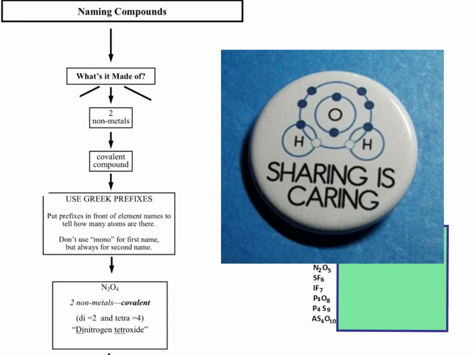Covalent compounds are a little bit different. Remember that covalent compounds are made up of 2 nonmetals. So fill that in on your table. 2 nonmetals. This is what makes it a covalent compound. So instead of giving up or accepting electrons in order to make a full outer shell, these atoms will share. Like this hydrogen, this is the hydrogen's 1 electron.